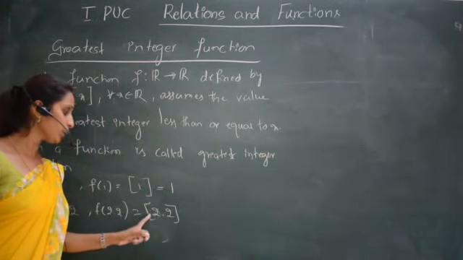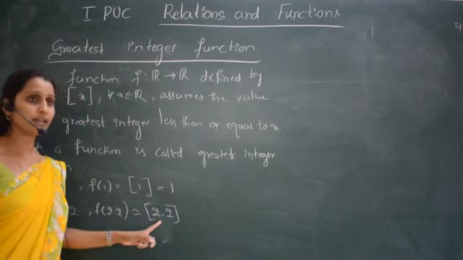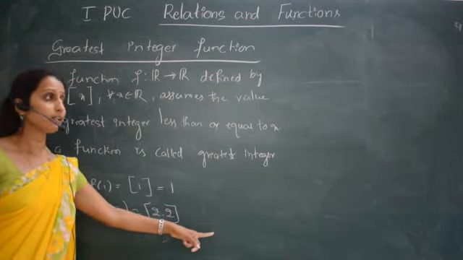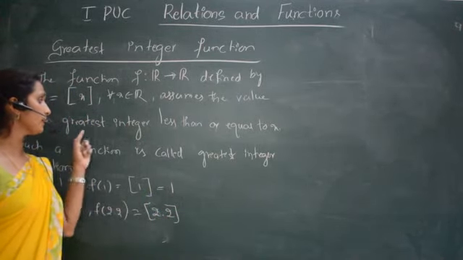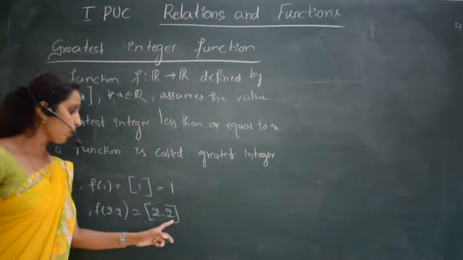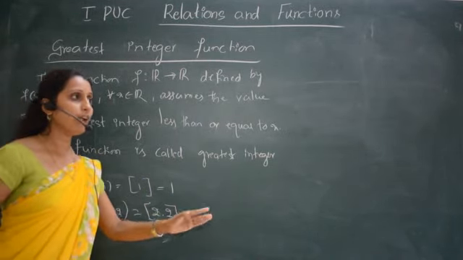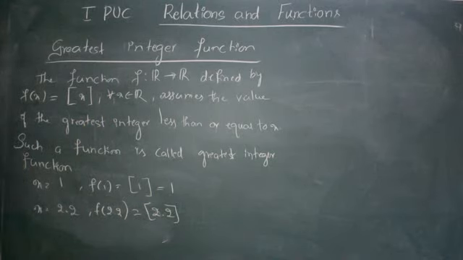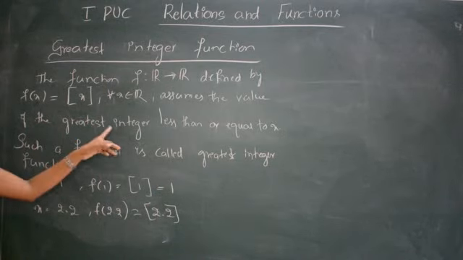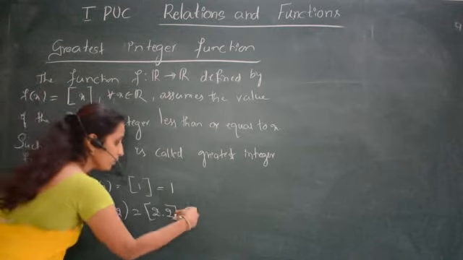Now 2.2 is not an integer, so we cannot write the answer as 2.2. We have to go for the integers less than 2.2. Which are they? We have many integers: 2, 1, 0, minus 1, minus 2. In that, the greatest one is 2. Therefore this will be equal to 2.